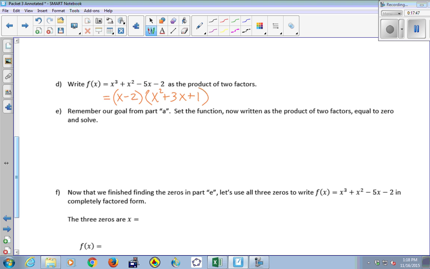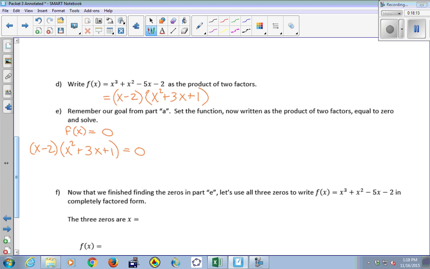All right, so now we got to remember our goal. We're trying to find all the zeros and put it in completely factored form. Okay. So to find zeros in general, you set your function equal to 0 and solve it. So I would set f of x equal to 0, x minus 2 times x squared plus 3x plus 1 equals 0.